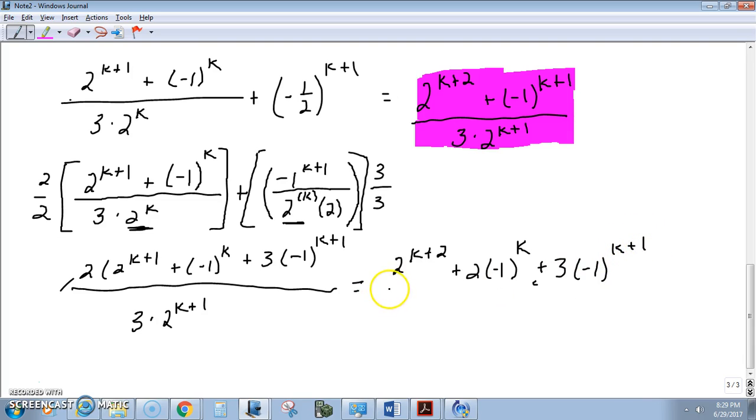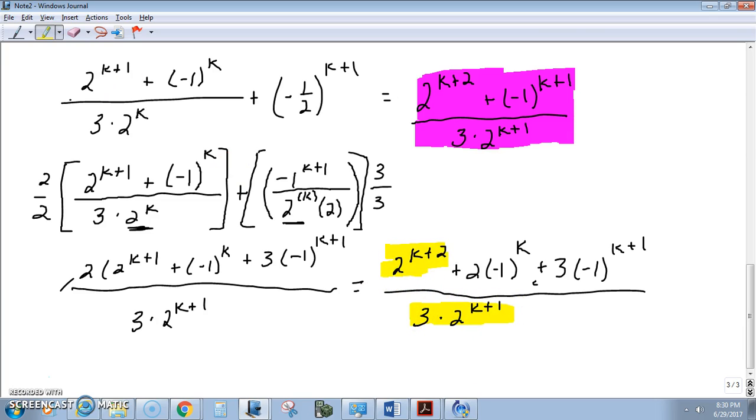And here, I knew I had so much that already was correct, and I had the 3 times 2 to the k plus 1. So I knew that I wanted this to stay. This is part of what I wanted, and I wanted this to stay.